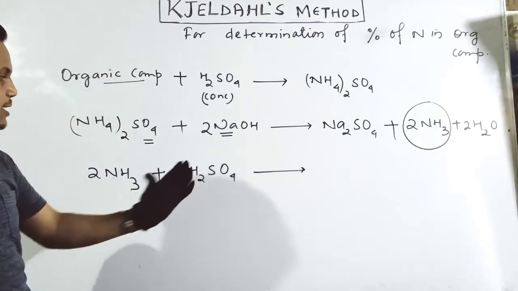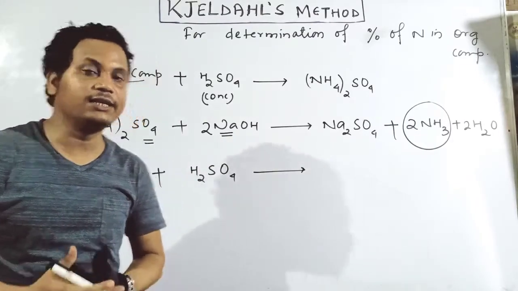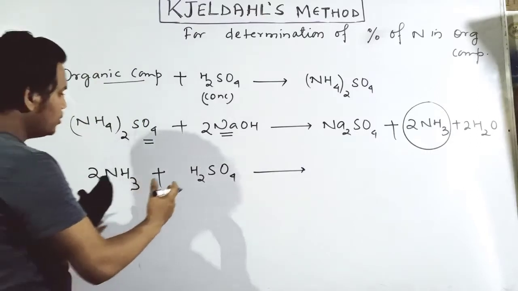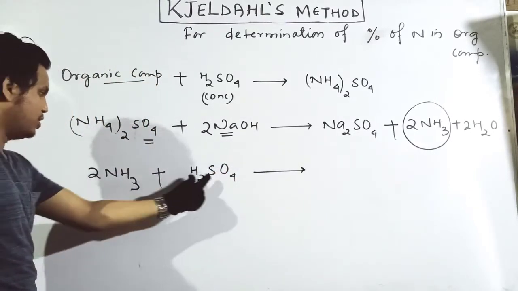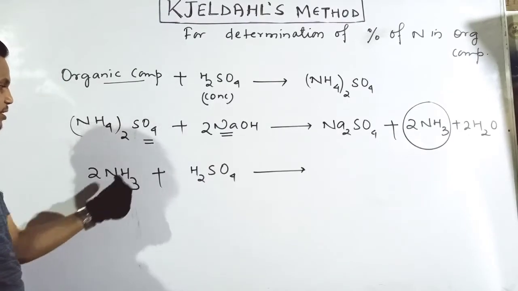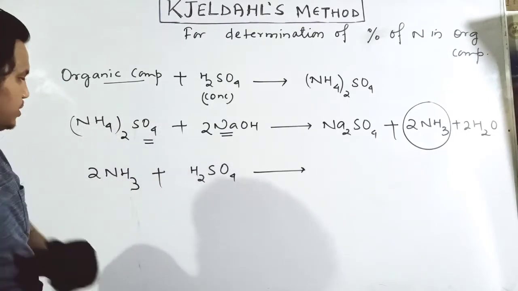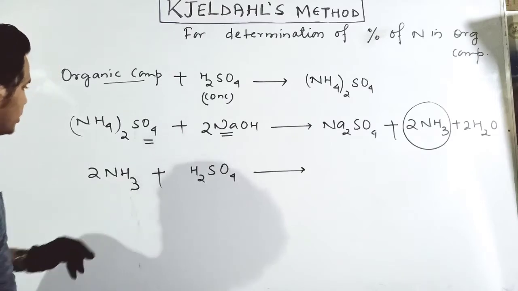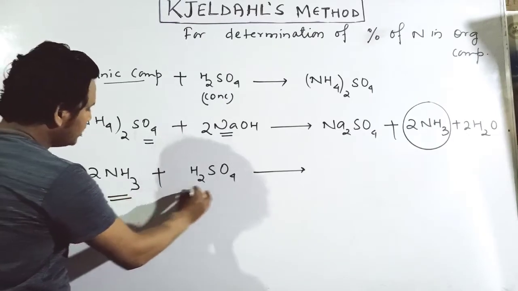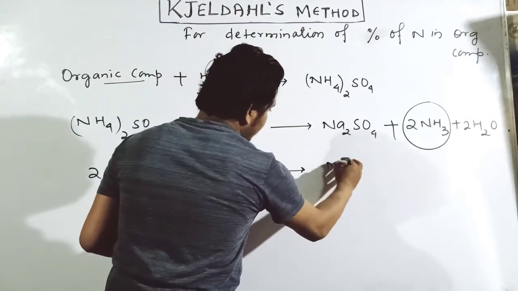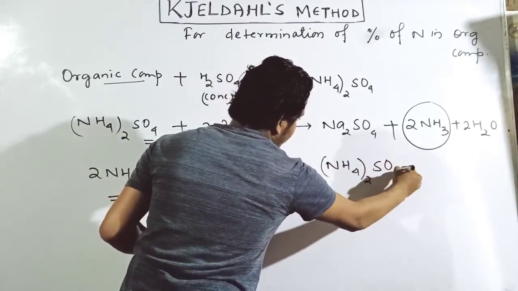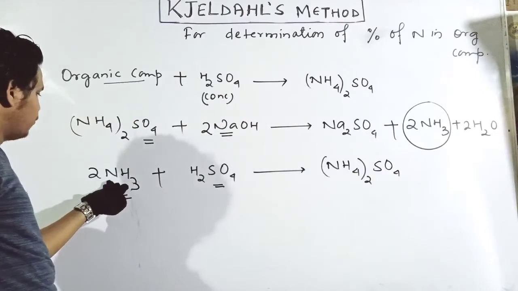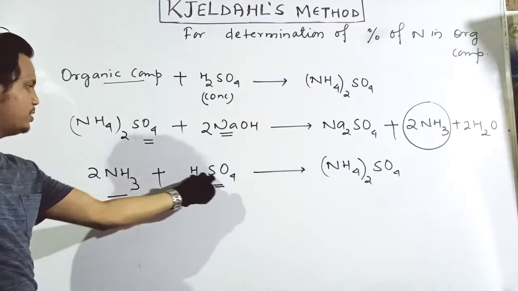So acid and base will neutralize each other. The volume of acid used for neutralizing ammonia is what we will use. So what product will be formed? Ammonium sulfate. The product is ammonium sulfate, (NH4)2SO4.